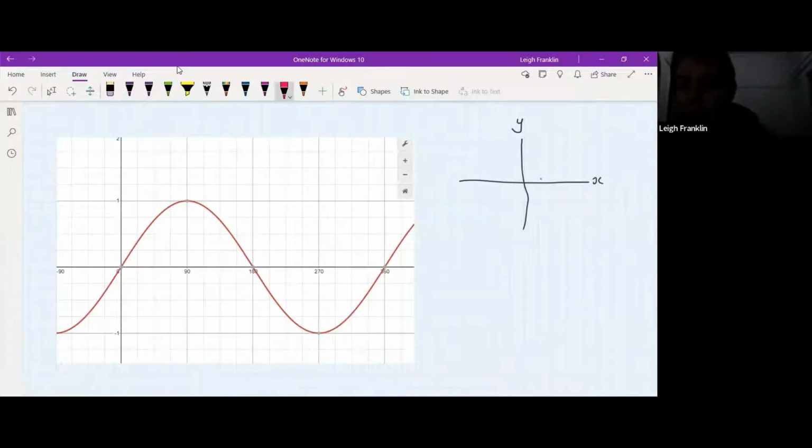So our inputs on our x-axis, these are our angles, grade 11s. So 90 degrees or 180 degrees or 360 degrees. The next one would actually be 270, etc. So our angles go on the x-axis and our ratios go on the y-axis.